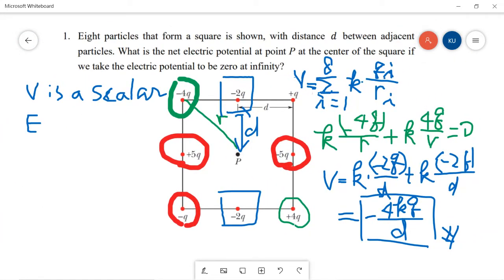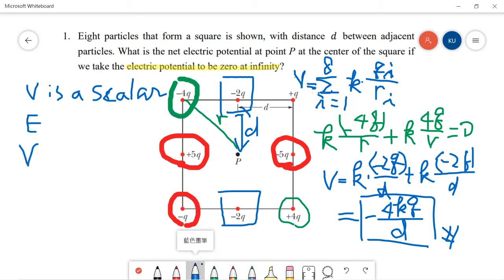So actually, one more thing I can mention is that in the problem, it mentioned that electric potential to be 0 at infinity. So actually, we know that the equation is something like V equals K times Q over R. And K is a constant, and Q is also a constant when we consider a specific condition.